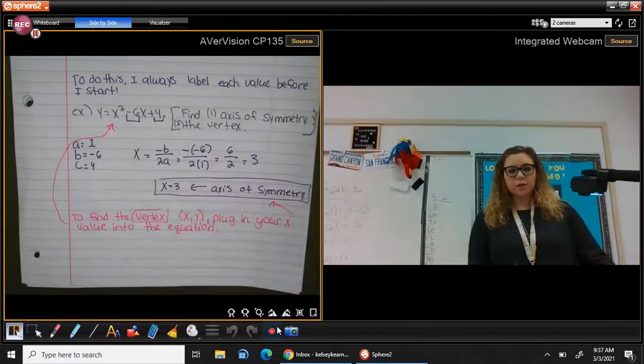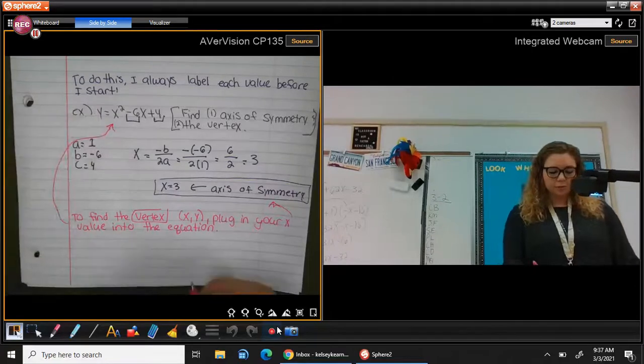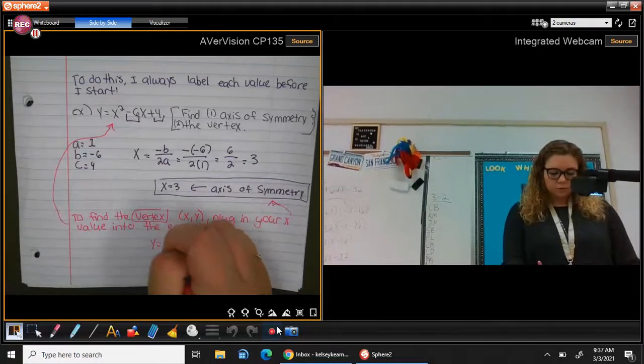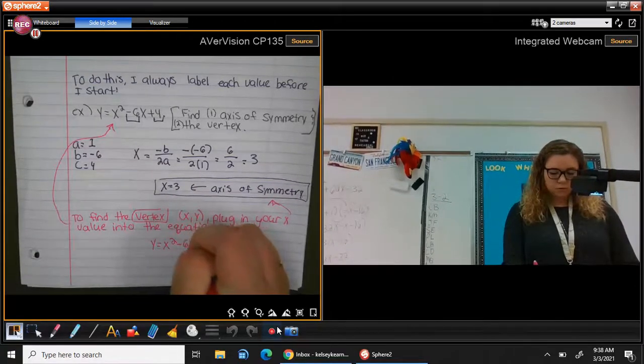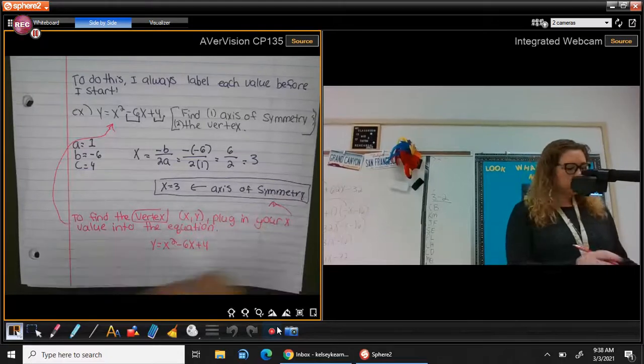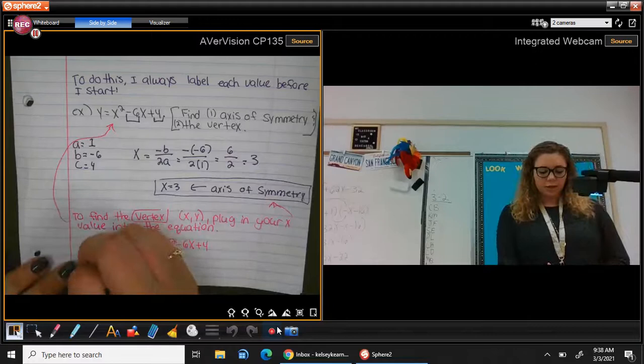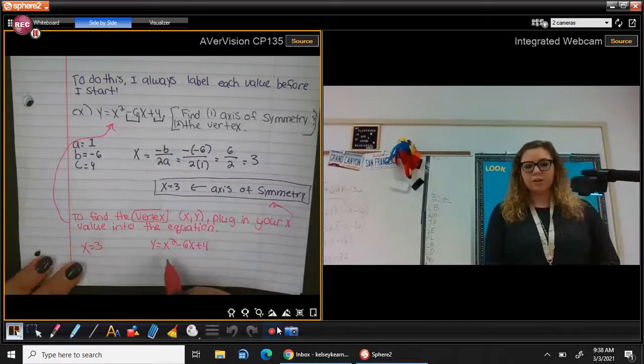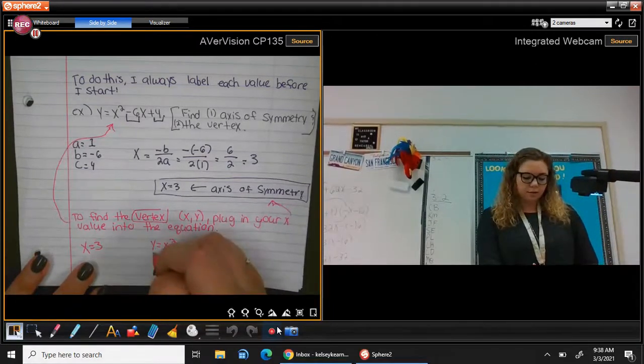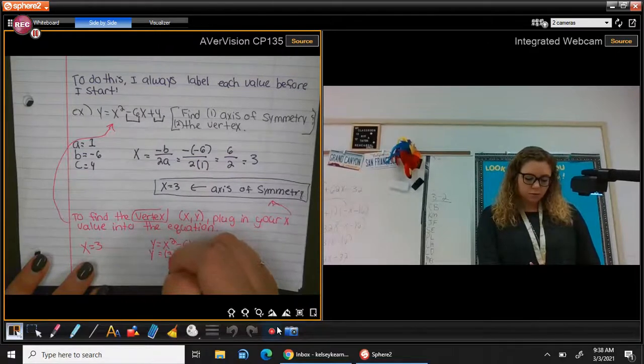Okay. So you're going to take this equation and you just found out that x equals 3. So wherever there's an x, you're going to plug 3 in for x.